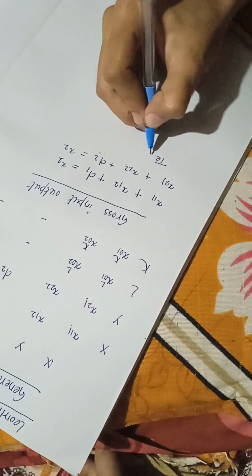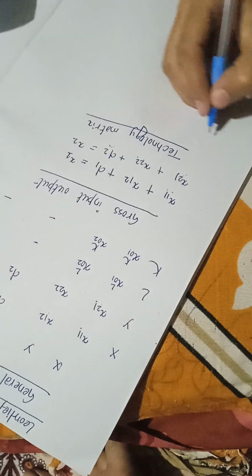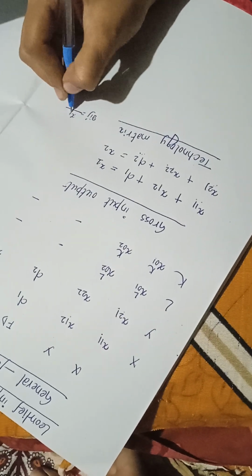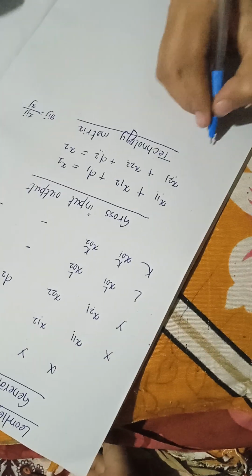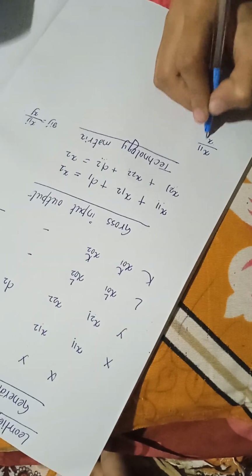Now I am making the technology matrix. In the technology matrix, as we know, Aij equals Xij divided by Xj. Similarly here, X11 divided by total output of first industry.